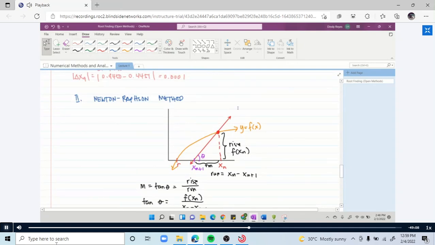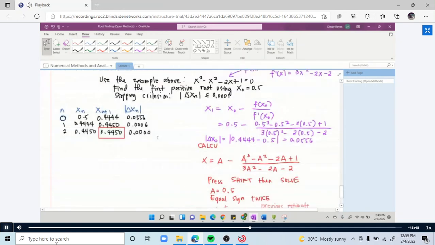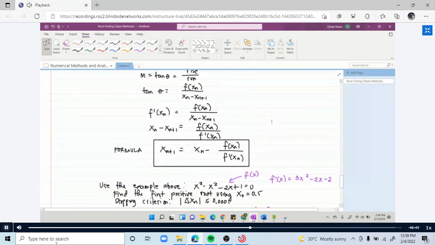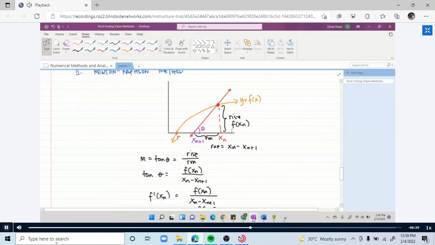Unlike dun sa fixed point, may test pa for convergence, no? This will always converge for a good choice of initial estimate. So, kung maganda yung pagpili mo ng initial estimate, this will always converge. Mas mabilis pa siya mag-converge. Okay? Just make sure na medyo malapit yung pagpili mo ng initial estimate doon sa iyong root. Okay?